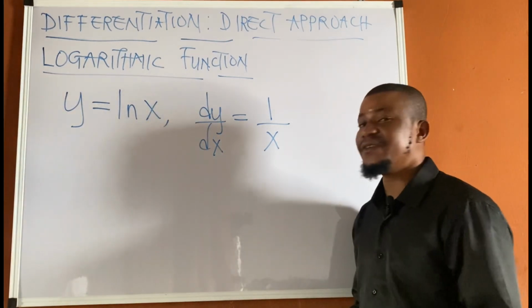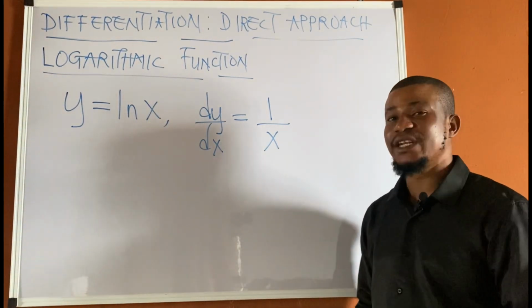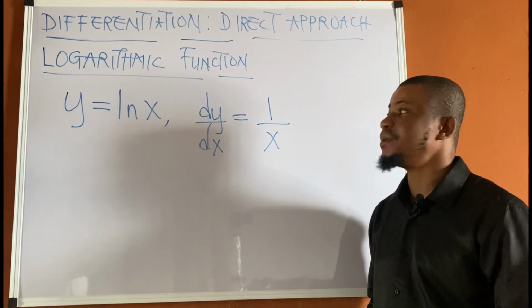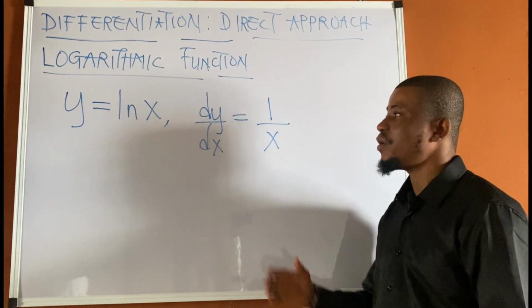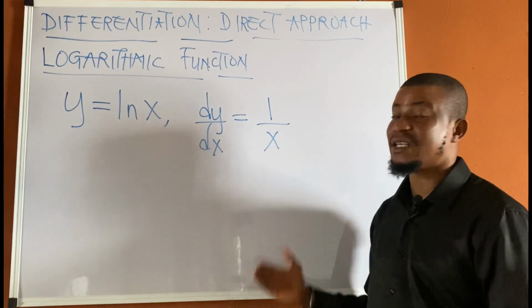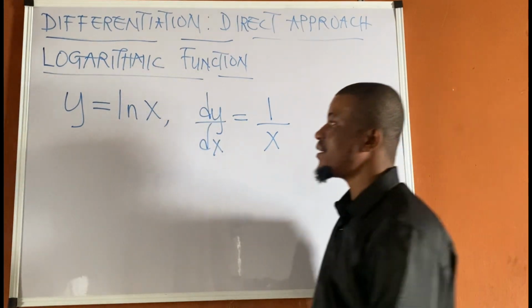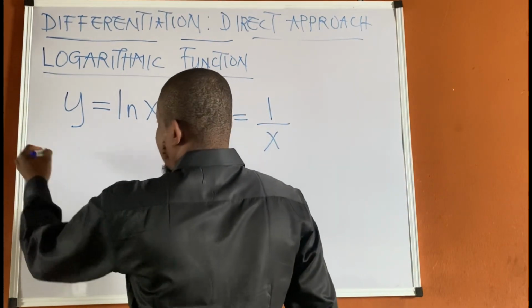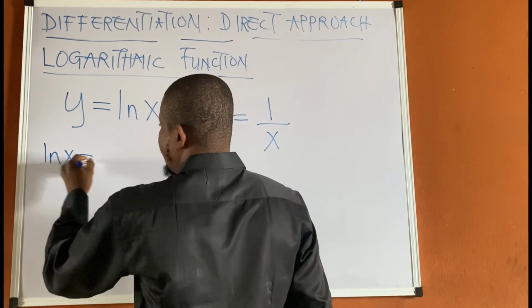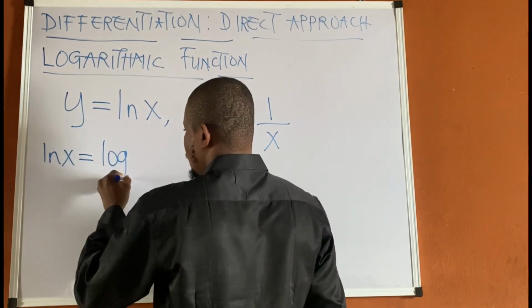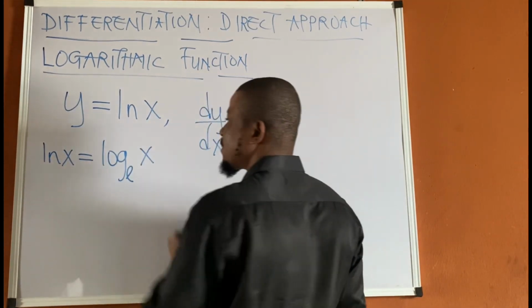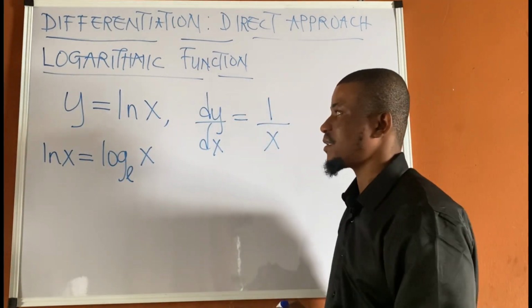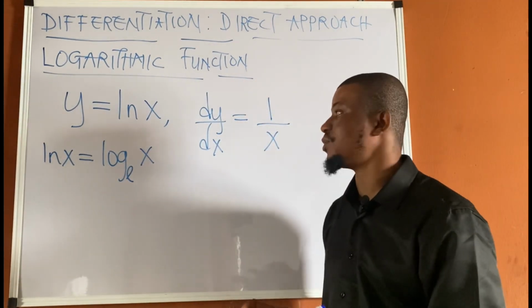But if you are given a logarithm to a base other than base e, you have to transform it to base e. So ln x means log to base e of x, and that's what we focus on in calculus.